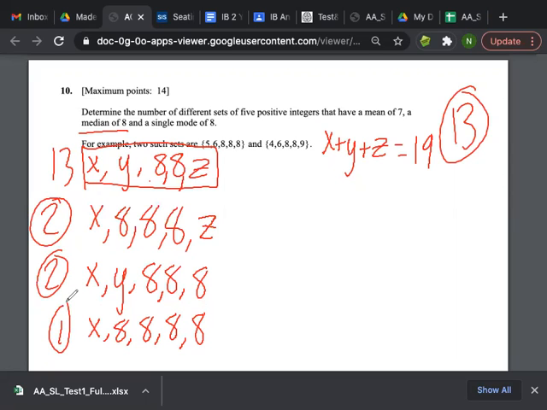18 options. Is that right? Are we missing some? Absolutely, we are missing 1 somewhere. 21. Hang on. Yeah, it's 21. It was just all 8.